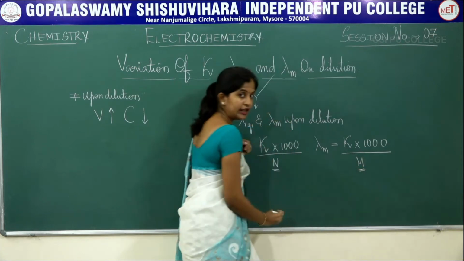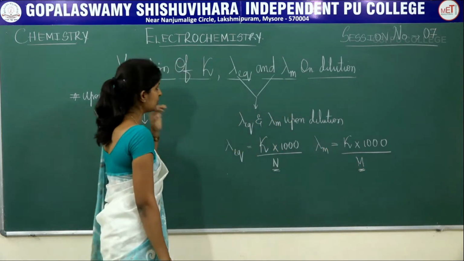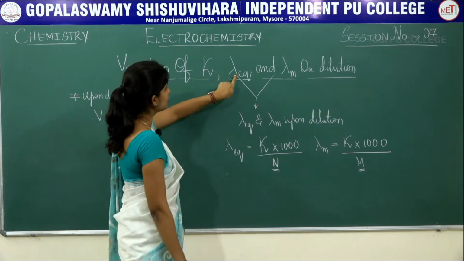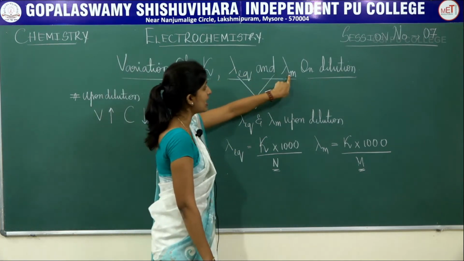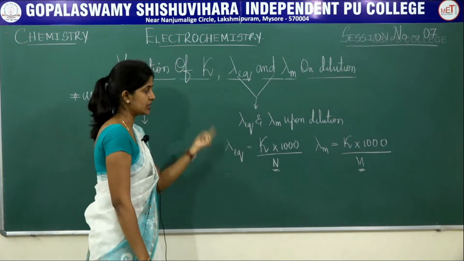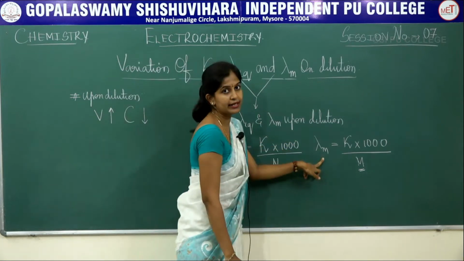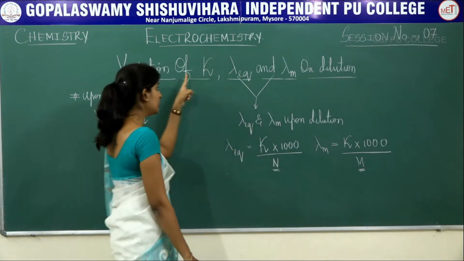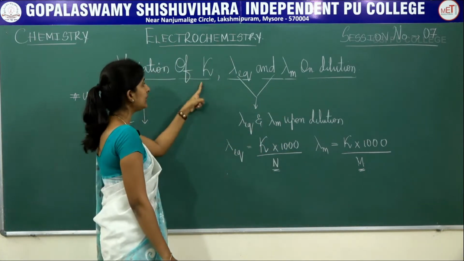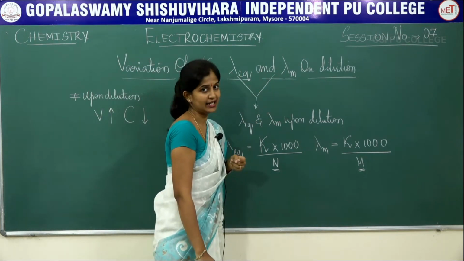Molarity, concentration decreases and your molar conductivity will increase. So as a result, upon dilution, volume will increase, concentration will decrease, hence your equivalent conductance and molar conductance will increase, while your specific conductance decreases upon dilution, while these two will increase upon your dilution.